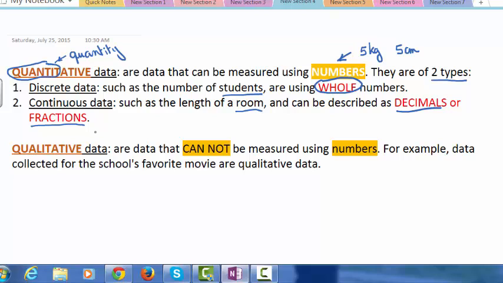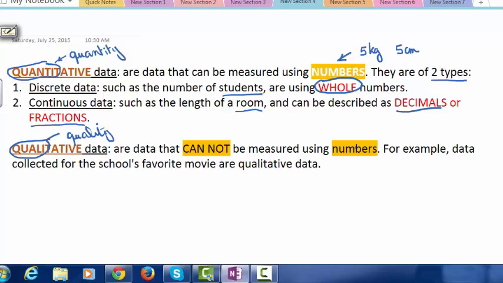What if I don't get any numbers in my data? What do we call that? We call it qualitative. And again, if you take the first part of this word, it comes from quality. Qualitative data are data that cannot be measured using numbers.